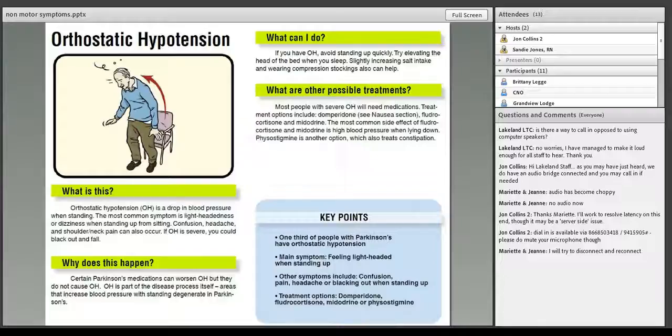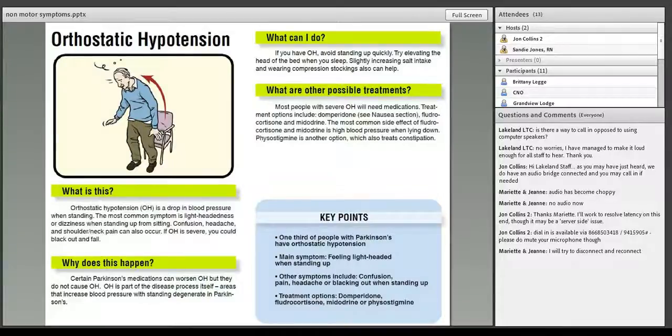And when they're standing, before they move, they really should get what I call their sea legs, make sure that their blood pressure has indeed had an opportunity to balance itself again. Leg exercises can improve and bring pooled blood back into circulation as well. And try to make sure that you avoid dehydration, particularly in the very, very warm weather. Make sure people with Parkinson's always have a bottle of water with them.